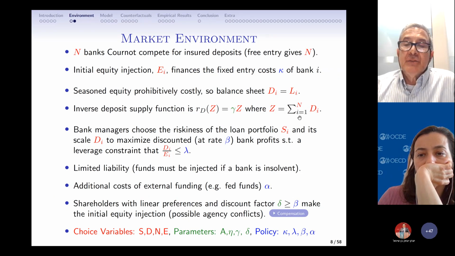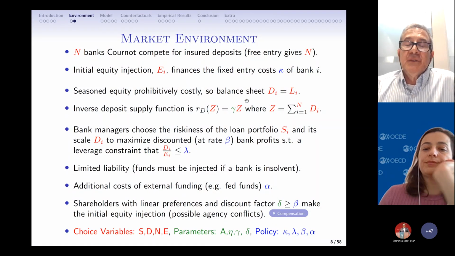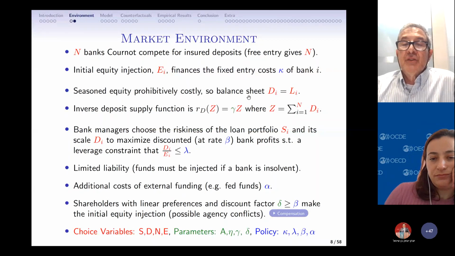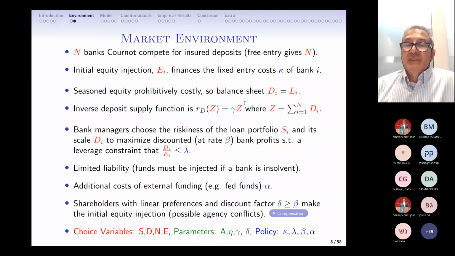When banks want to raise deposits, they face an interest rate that depends on all the people they're competing with. If lots of people are competing for external funding, the rate is increasing, so a given bank is going to have to pay an increasing interest rate on deposits to attract loans.